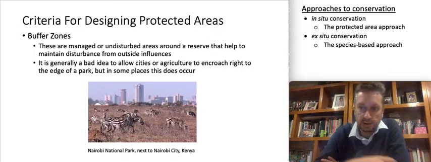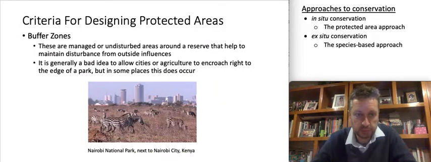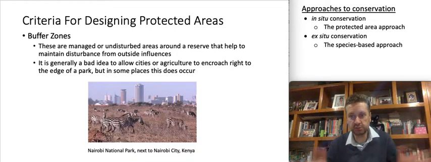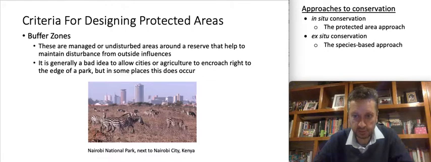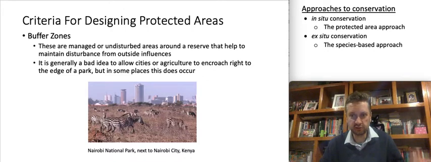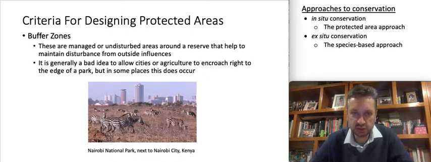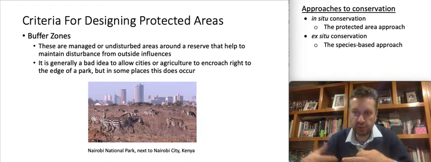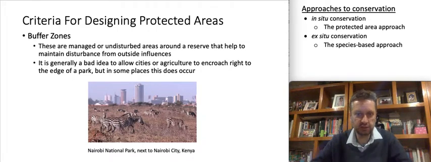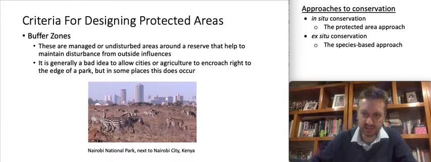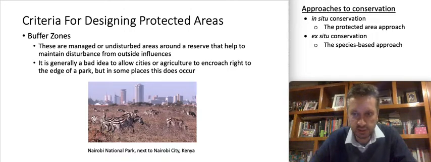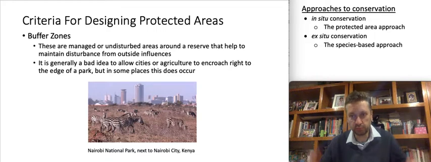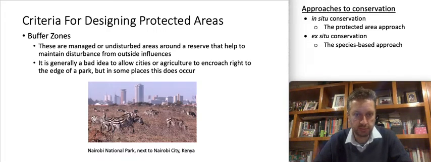Okay. Another good idea for design of a protected area is the idea of buffer zones. A buffer zone is maybe a degraded area, but nevertheless an area which reduces human contact with the park. They basically are unmanaged areas that may not be in pristine condition, but they help to maintain distance between your reserve and outside influences. They can be very important in reducing edge effects, as we've already mentioned.